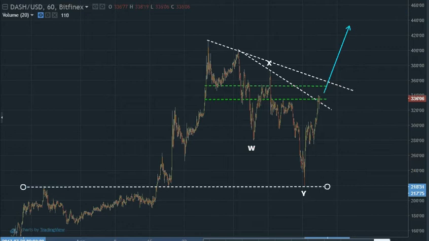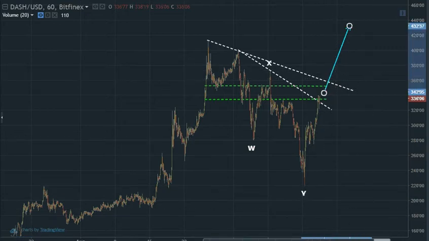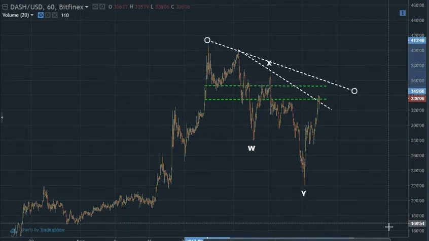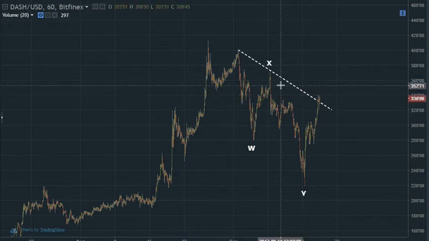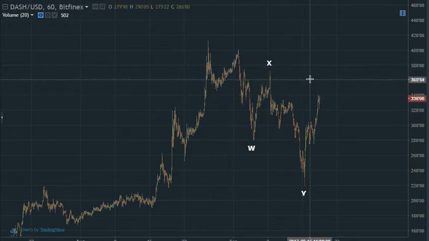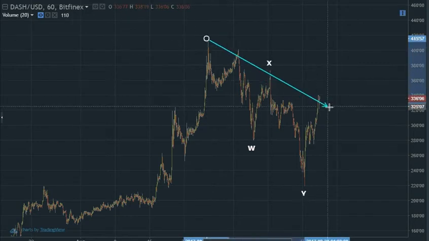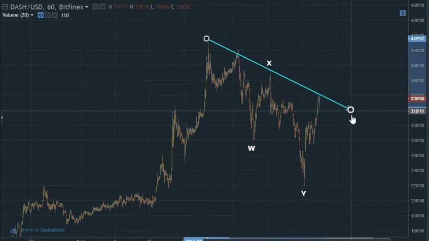So let me remove these, make a cleaner slate. Draw this line here.